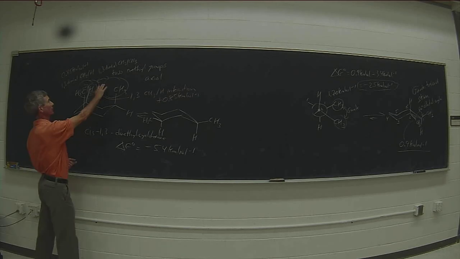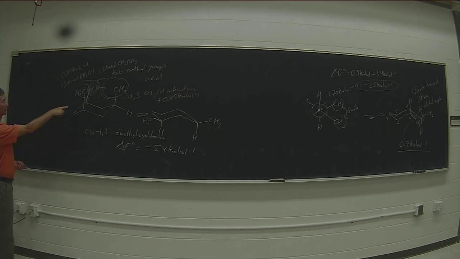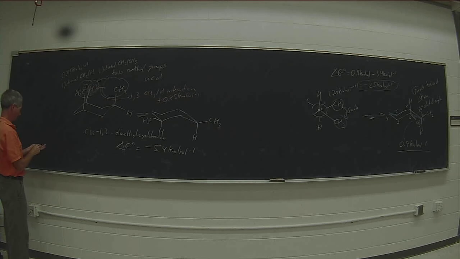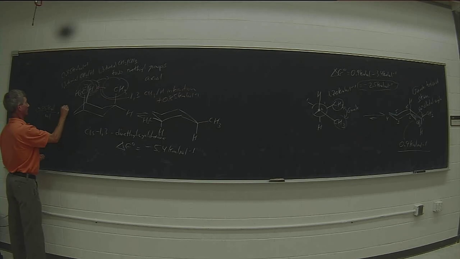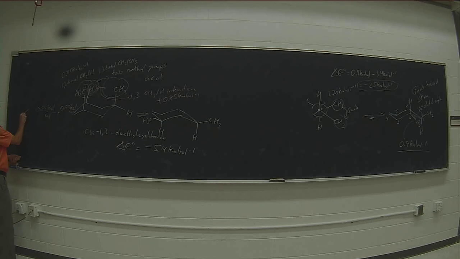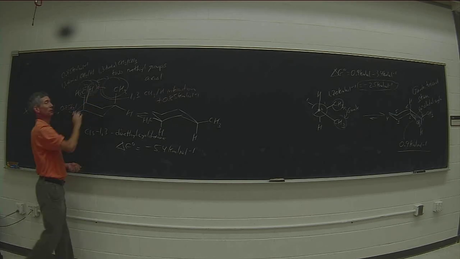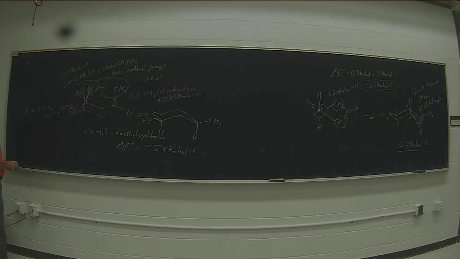I don't know how much this strain costs, but I know that the total strain of the left-hand molecule is equal to 0.85 kilocalories per mole plus 0.85 kilocalories per mole plus X, where X is the cost of putting the two methyl groups in an axial position relative to each other.